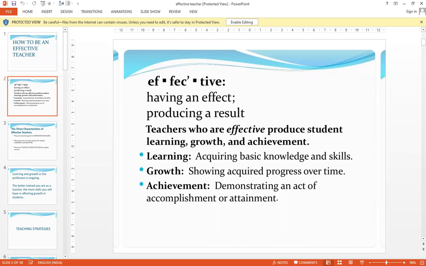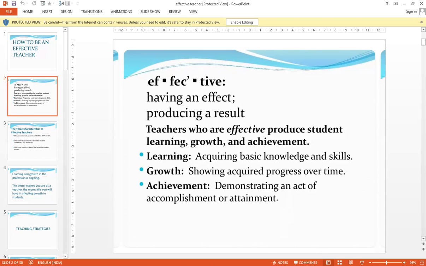Besides these, an effective teacher does not simply teach knowledge to their students, but they also aim to develop the students with knowledge, skills, understandings, and attitudes. An effective teacher is always prepared, always skilled with all the required knowledge.